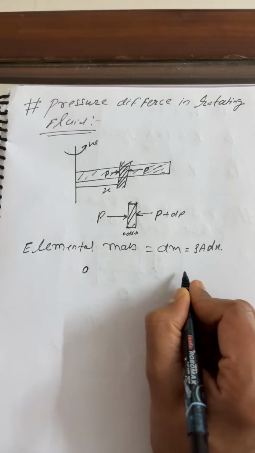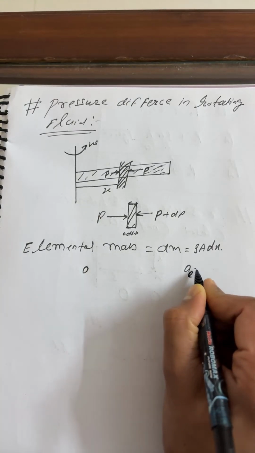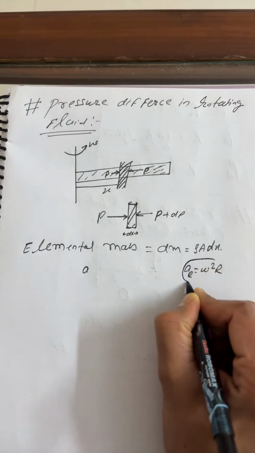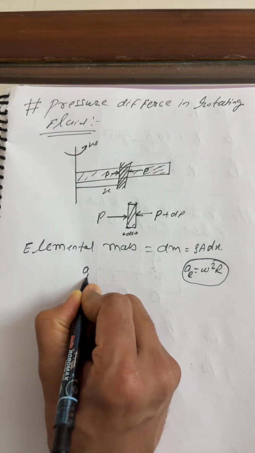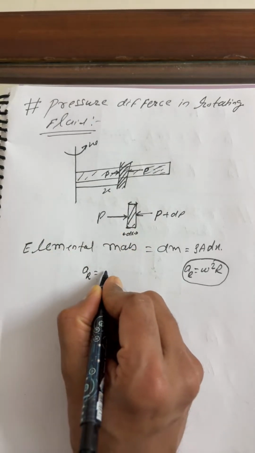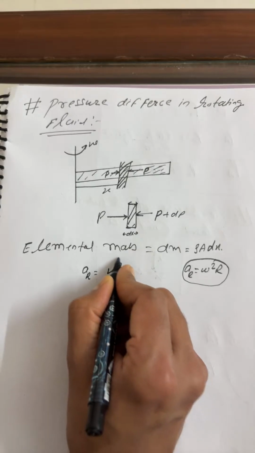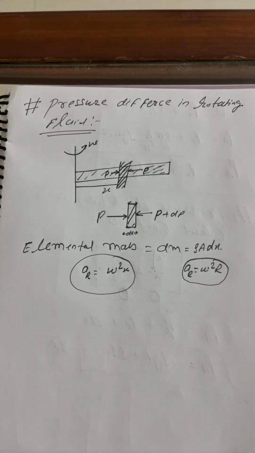I'm writing the formula one time: AR is omega square r. And what is the radius over here? X only. So AR is omega square into x.